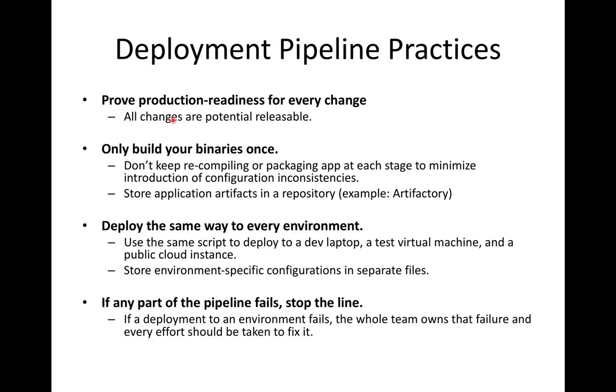When your code triggers the pipeline, oftentimes you'll trigger a build stage initially, and that might actually compile or create some sort of build artifact. Now, you might need to use that build artifact later on in your pipeline. What you don't want to be doing is compiling your software multiple times in your pipeline.